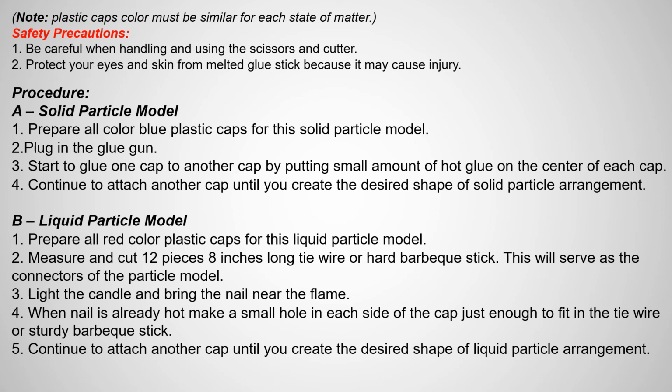Number 3, light the candle and bring the nail near the flame. Number 4, when the nail is already hot, make a small hole in each side of the cup, just enough to fit in the tie wire or sturdy barbecue stick. Number 5, continue to attach another cup until you create the desired shape of liquid particle arrangement.